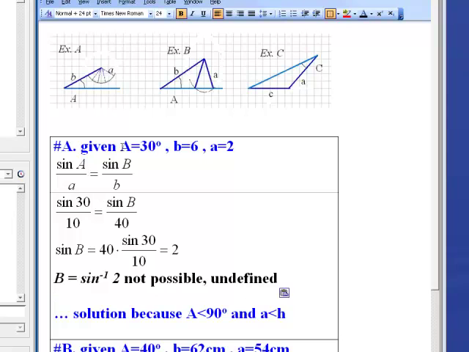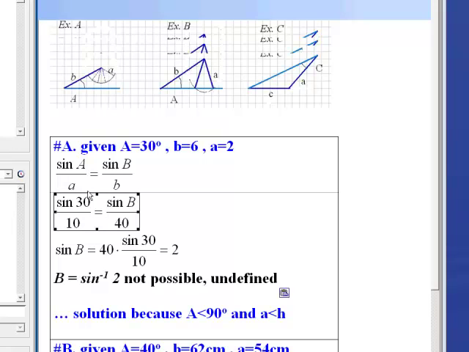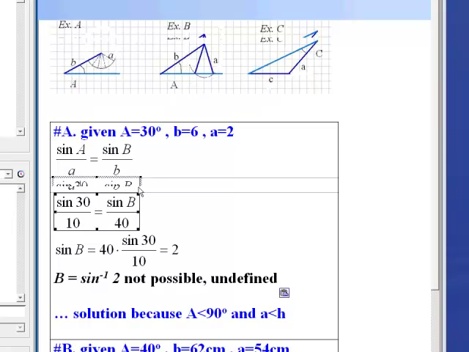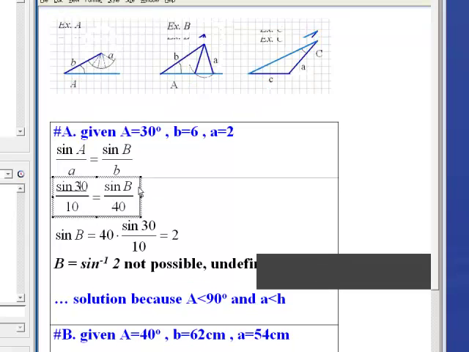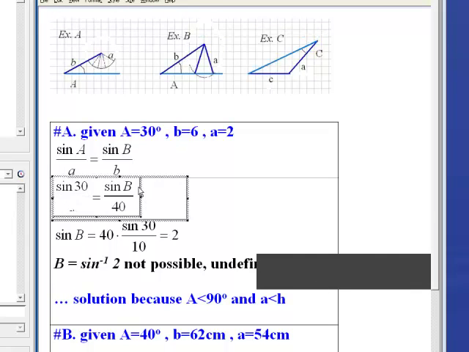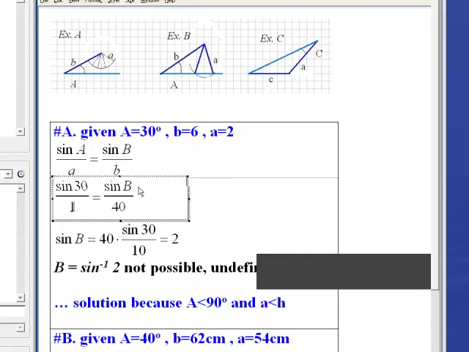So we have an angle A given of 30 degrees, b equals 6, and a equals 2. So we use sine A over a equals sine B over b. I'm going to plug these numbers in. That's what I meant a moment ago, that I have to see which numbers I need here. So A equals 30 degrees, a equals 2, sine B divided by 6.